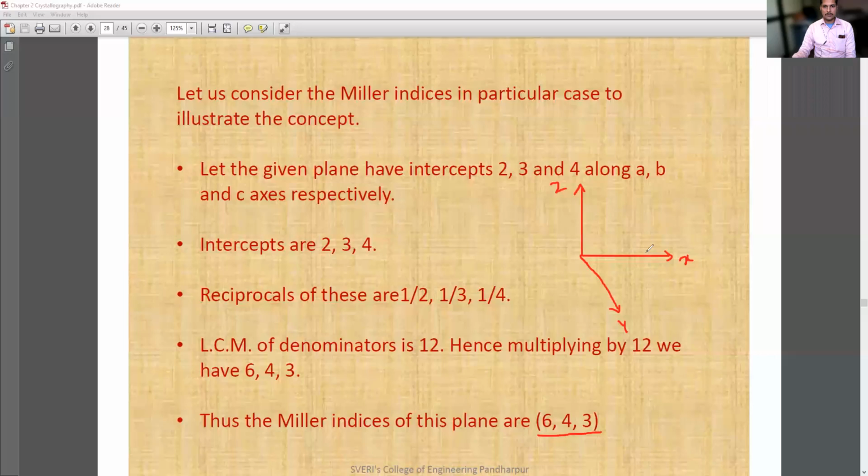So on the X-axis we are considering 6, on Y it is 4, on Z it is 3, and if we connect these points we are getting the Miller indices plane. So we have to just connect this one. Okay, so this is one kind of plane which is called a Miller plane.